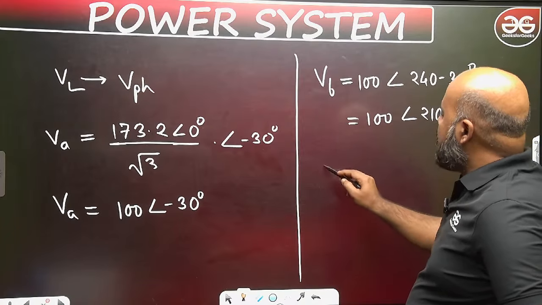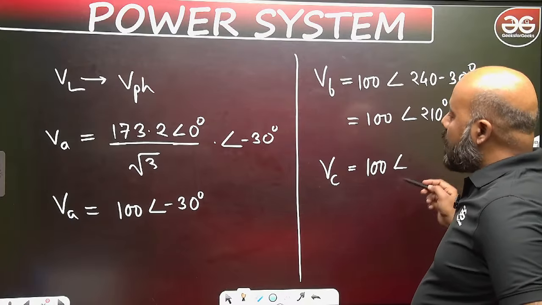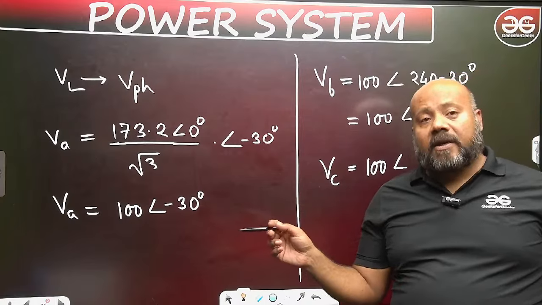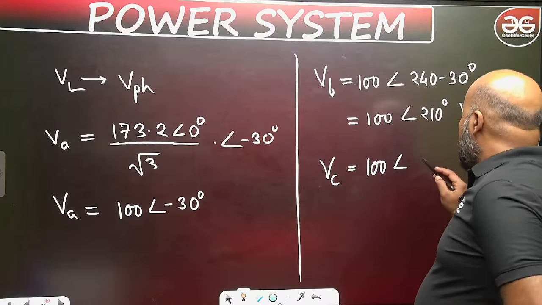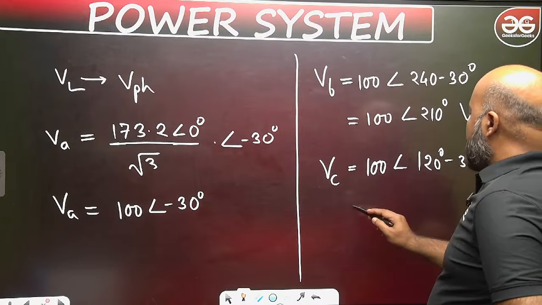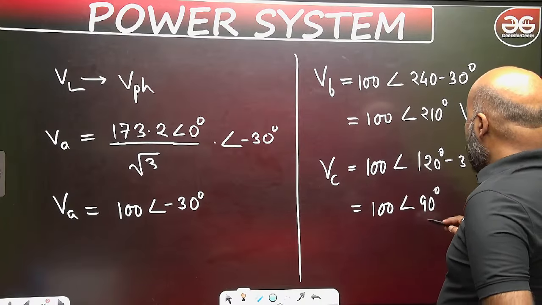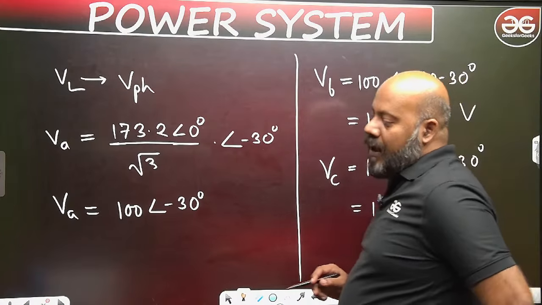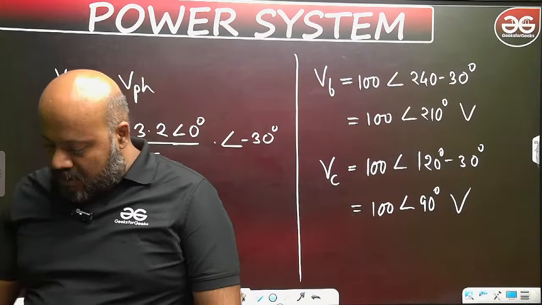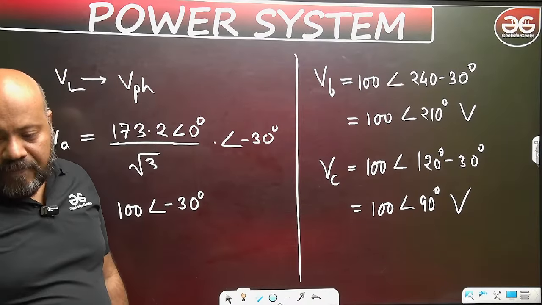This is for B phase. What about C phase? C phase magnitude same. The angle is minus 30 plus 120, so it becomes 100 angle 90 degree. So you got the A, B and C phase voltages.